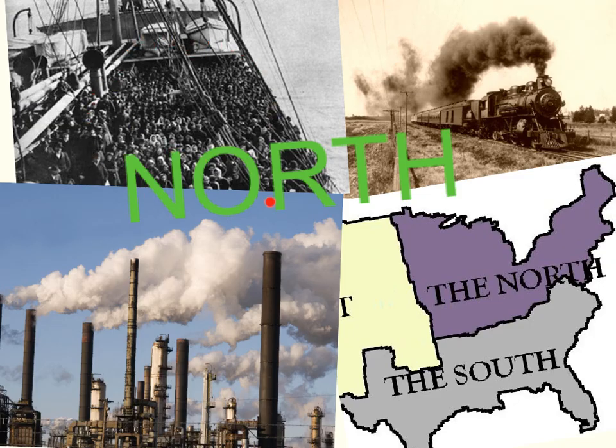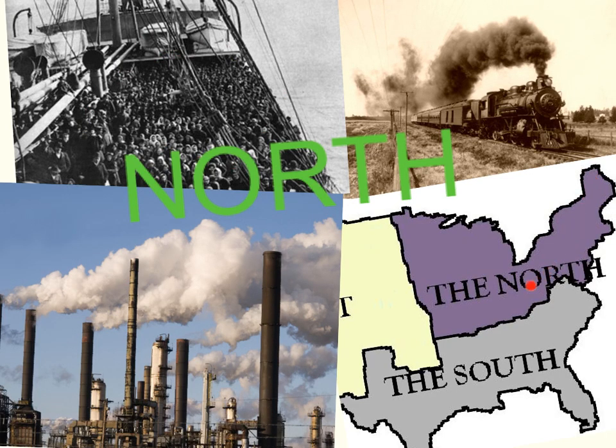Immigrants are flocking to America, and they're coming to fill those factory jobs. There wasn't any work for them in the South because the South used slaves. They were cheaper for them. More than 2.8 million immigrants were coming to America during this time, and of those 2.8 million, 7/8 of them, or 87% of them, would settle in the North.